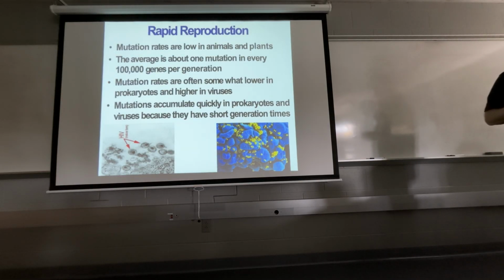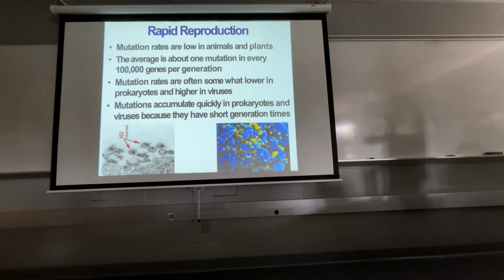Rapid reproduction means I can get my mutations out quicker. And if I have rapid reproduction, I typically have poor proofreading mechanisms or less time to proofread. So mutation is more common, and not only does it happen more commonly, it's not going to be fixed by a proofreading system.